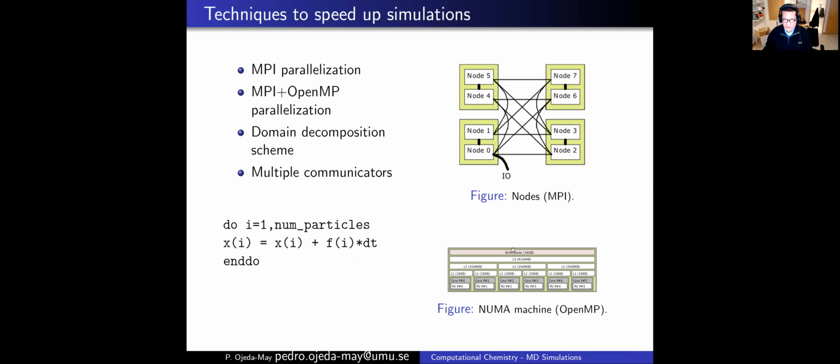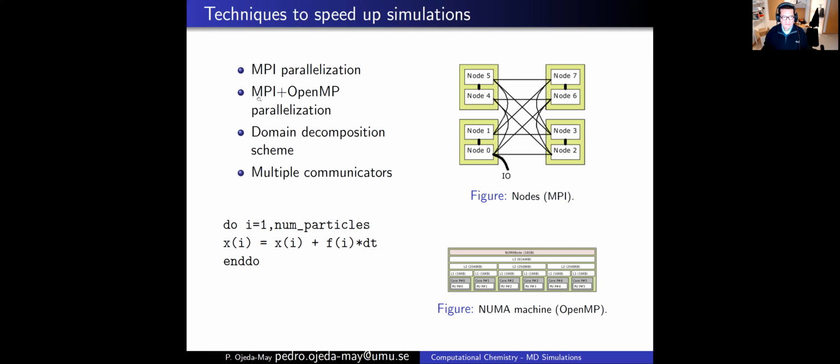And you can also scale your molecular dynamics simulation up to many nodes, as is shown here. So there are different schemes to parallelize the code. You can do the pure MPI parallelization for parallelizing across the nodes.